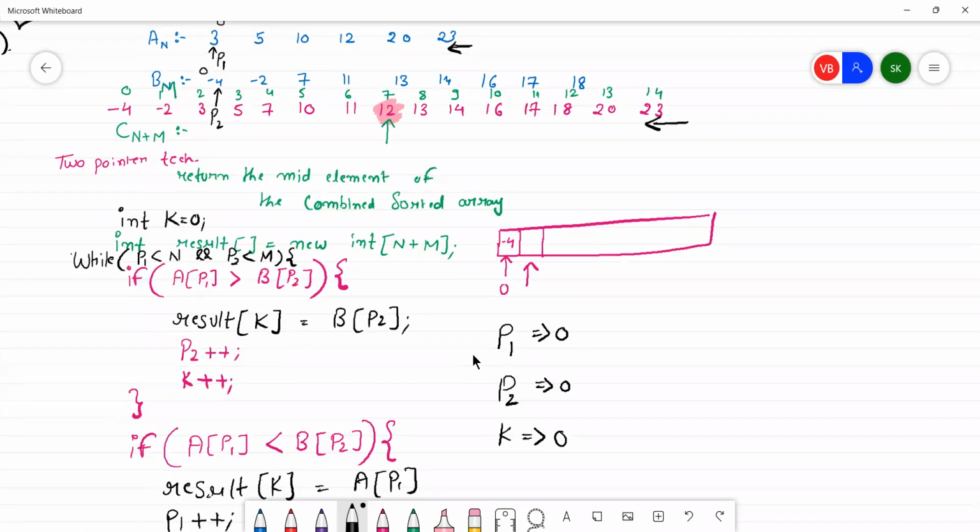So when you are comparing the first numbers, 3 and -4, which one is the smaller? -4. So we stored -4 in our 0th index of the result array. And then we will increase the value of K. K will become 1 and P2 will also become 1. But P1 remains 0. Correct?